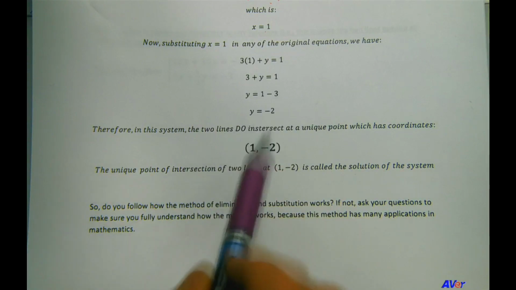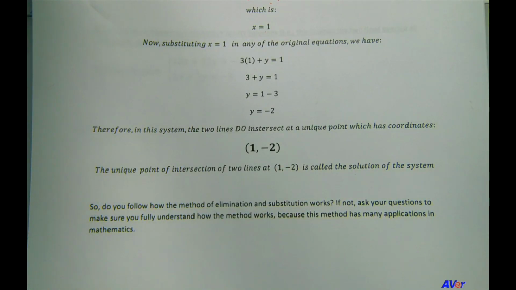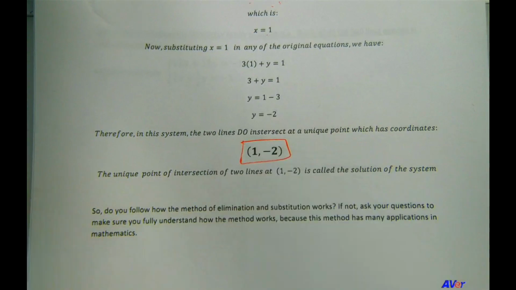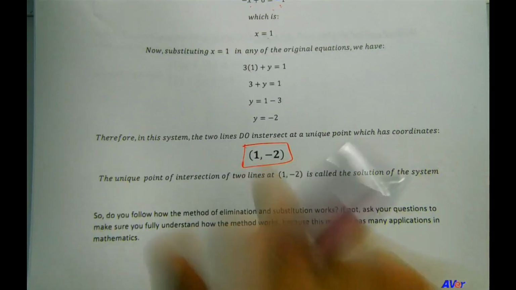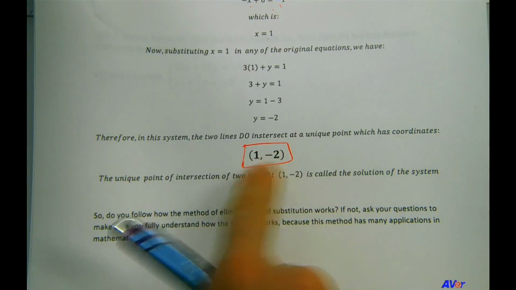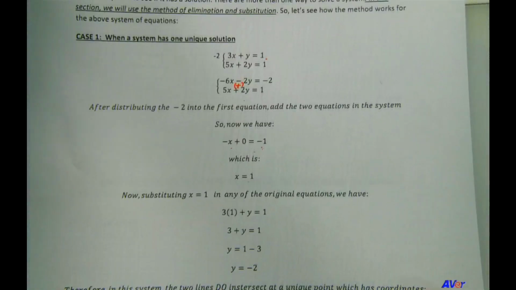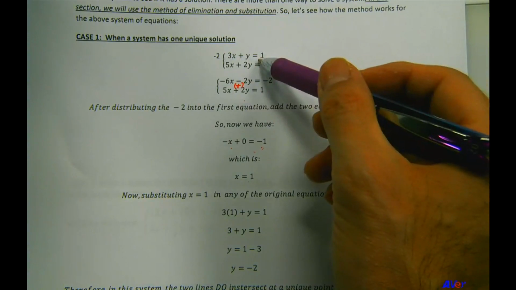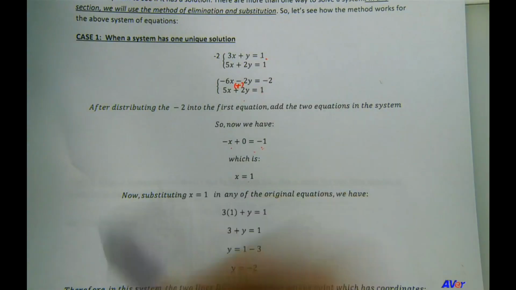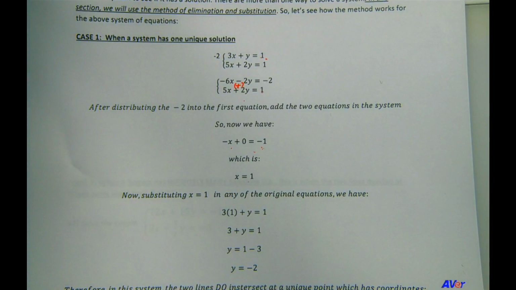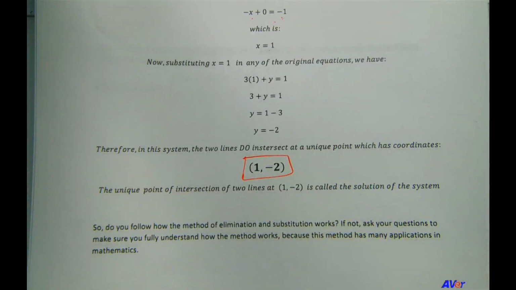So this point, which is the solution of the system, means that those two lines intersect at this point, 1 comma negative 2. So these two lines intersect at 1 comma negative 2, which is the solution of the system.